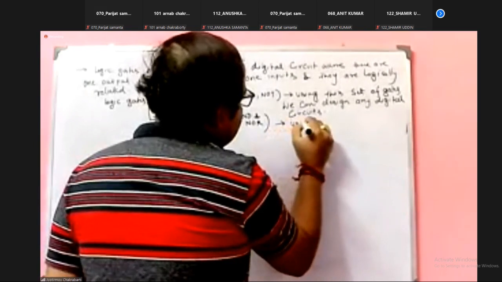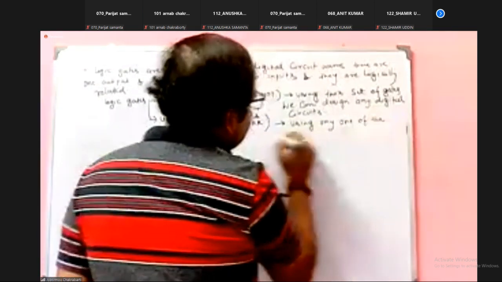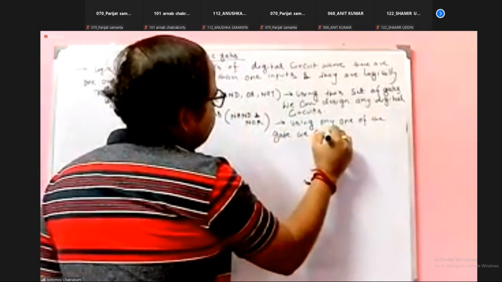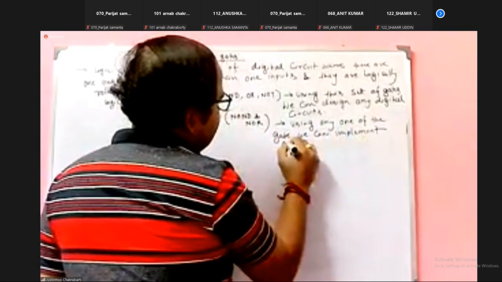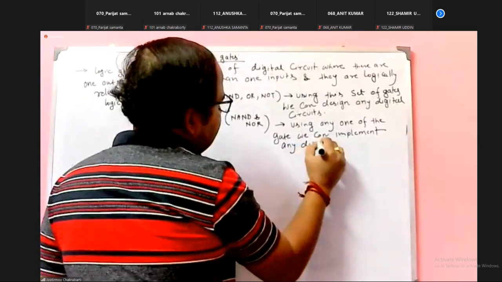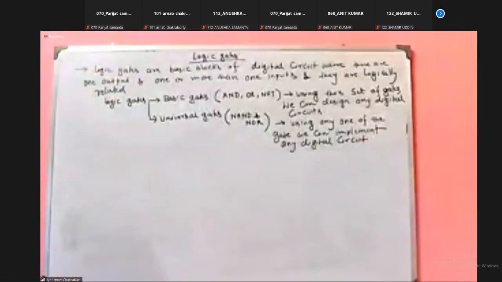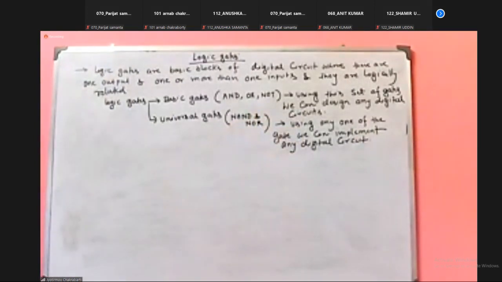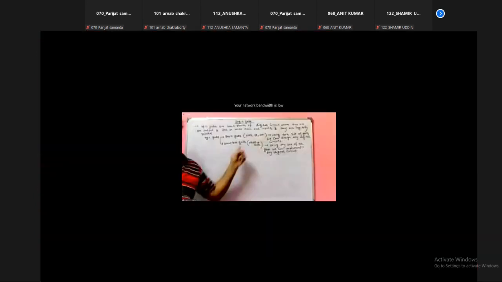Using any one of these gates, we can implement any digital circuit. So these two definitions are different, no? Don't get confused. Using any one of them, either NAND or NOR, we can do it. Here, using this set.